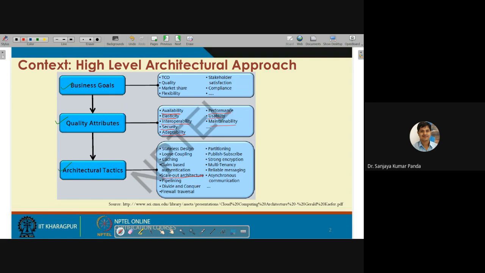So horizontal scaling says you have to add new hardware to the existing IT systems. Rather than increasing the hardware resources, you have to focus on adding new hardware, not enhancing the capacity of a particular hardware.